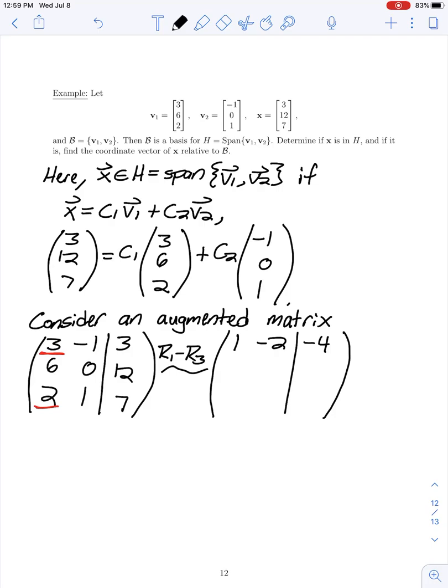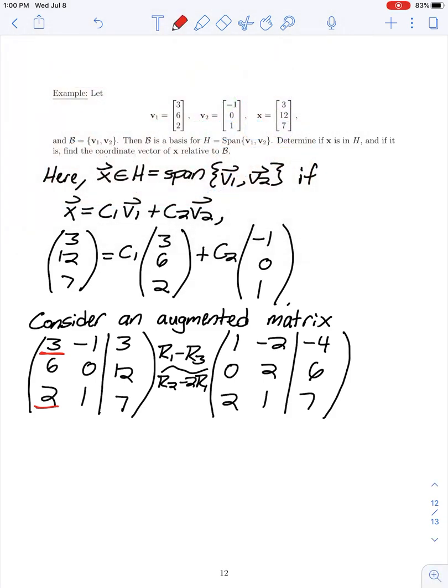Our second row, we can eliminate the leading 6 by taking row 2 minus twice row 1. So we have negative 6 plus 6 is 0, 2 plus 0 is 2, and negative 6 plus 12 is 6. And then our third row, let's leave it alone for now. We'll write it as 2, 1, 7.